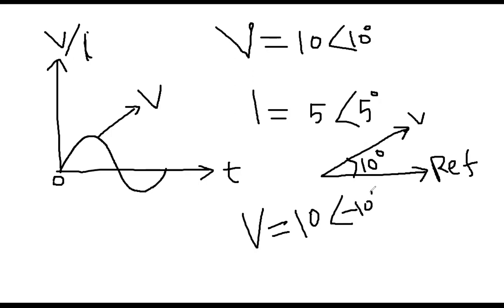Then what would I do? This was my reference line, but this time I would go downward, clockwise. This is that minus 10 degree. This would be my V vector. This is my reference line. Everybody, could you follow me what I am saying?